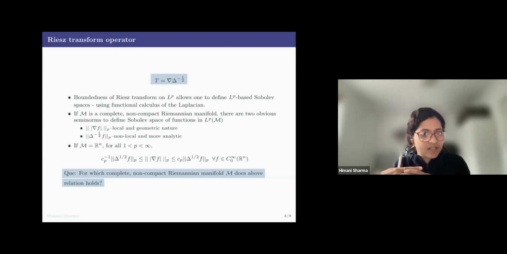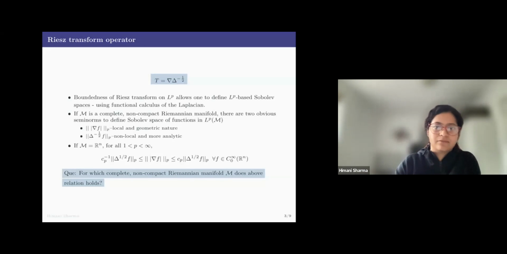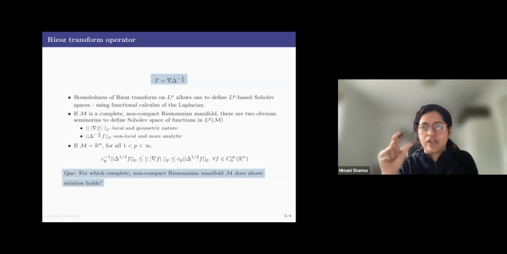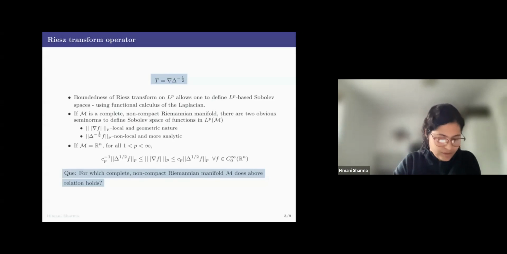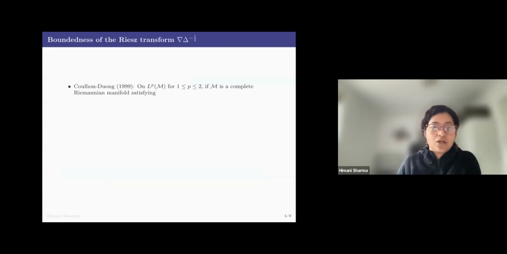A lot of work has been done throughout, where you can have either a restriction on the range P or on the manifold to obtain such a relation, or to obtain boundedness of the Riesz transform. So we are going to see what has been done throughout, but I'm going to take only a few examples of it, not all. Let's see what has been done till now.